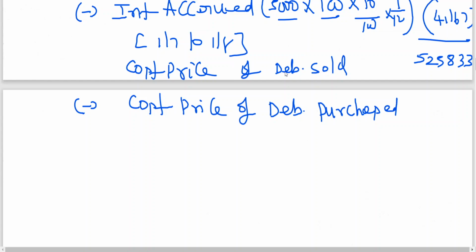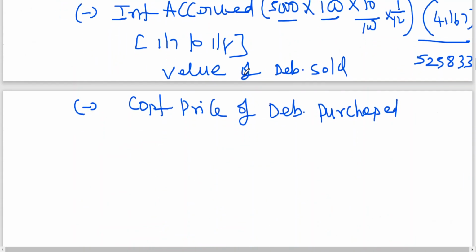Okay. Or if you are having any confusion on this, you write value of debentures sold. There will not be any problem.